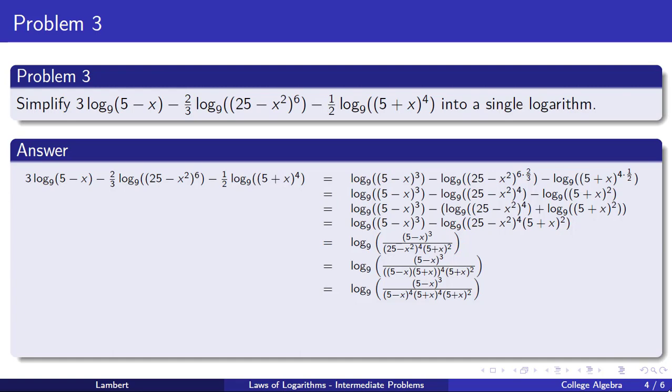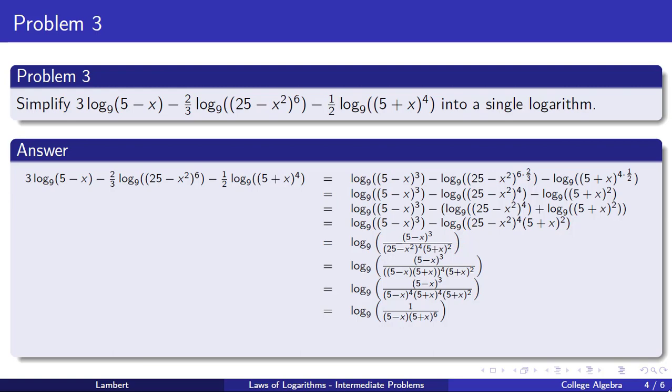So notice the quantity 5 minus x cubed and the quantity 5 minus x to the fourth, those should cancel out, and so what we're left with is log base 9 of 1 over the quantity 5 minus x, and then combining the 5 plus x to the fourth and that quantity 5 plus x to the second, we can actually combine that and make it the quantity 5 plus x to the sixth.